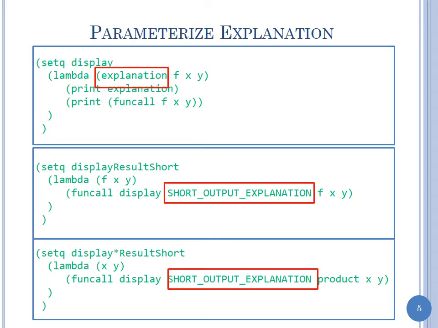Modules. Have a 4-parameter function, a display that takes explanation as an argument, and if you don't want to provide that argument again and again, define a new function in terms of the previous function that fixes the value of the argument. If you want to fix 2 arguments, you create another. I should have put this box around product also, the bottom box around product also.